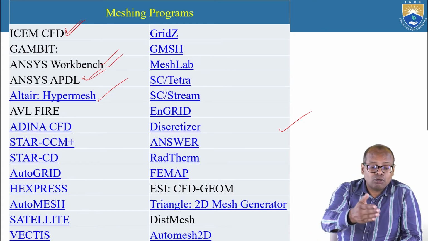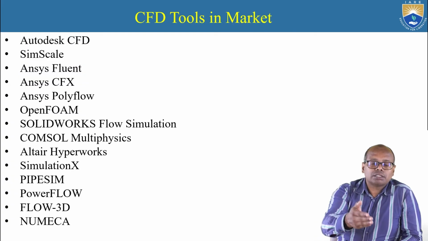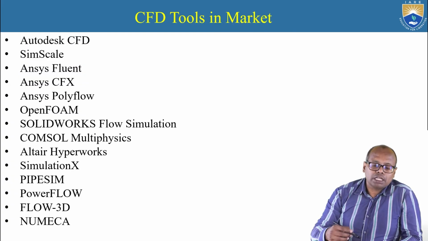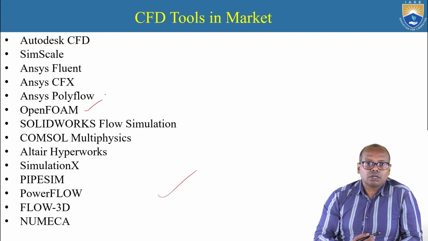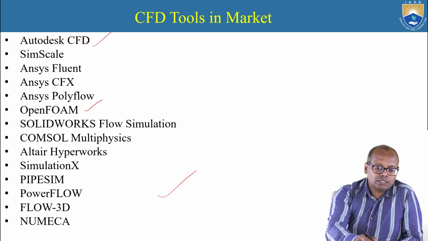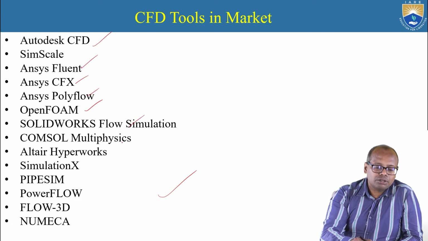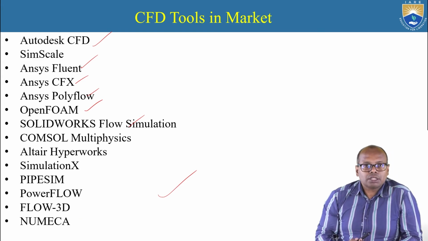You can see how much work is going on in modeling and meshing, and these are some tools that are available in the market. This one is open source software, you don't have to purchase any license for it, but for these you have to purchase a license. There are some other open source softwares also, and some other proprietary softwares also.